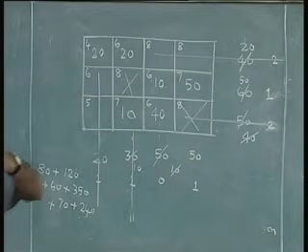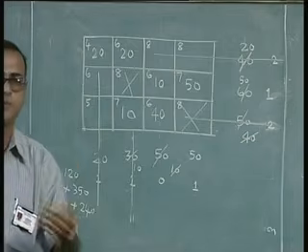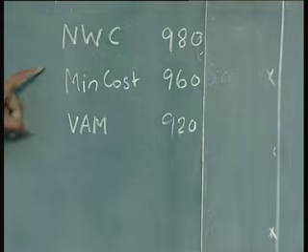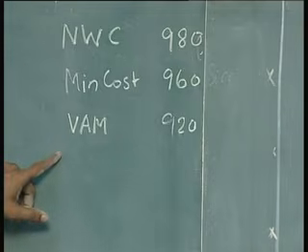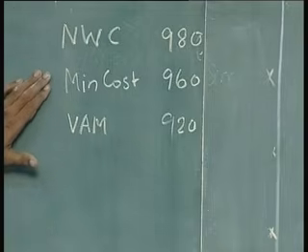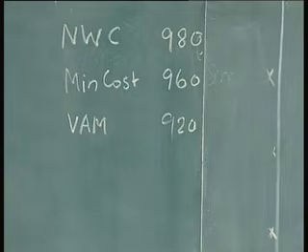So it goes into one more level of detail in carefully choosing the row or column to be considered. Therefore it is expected to perform slightly better than the minimum cost method, and it happened in this case, where it gave a solution that is slightly better than that using the minimum cost method.